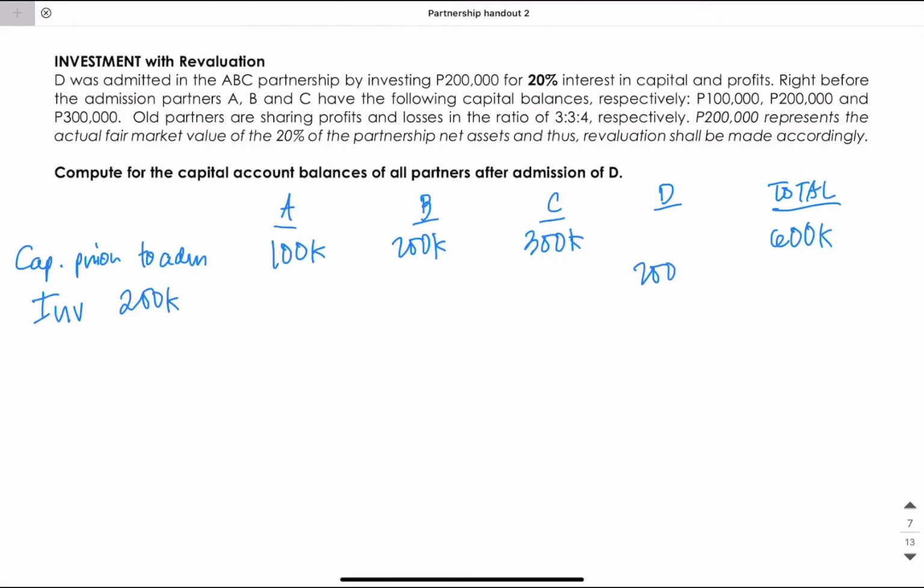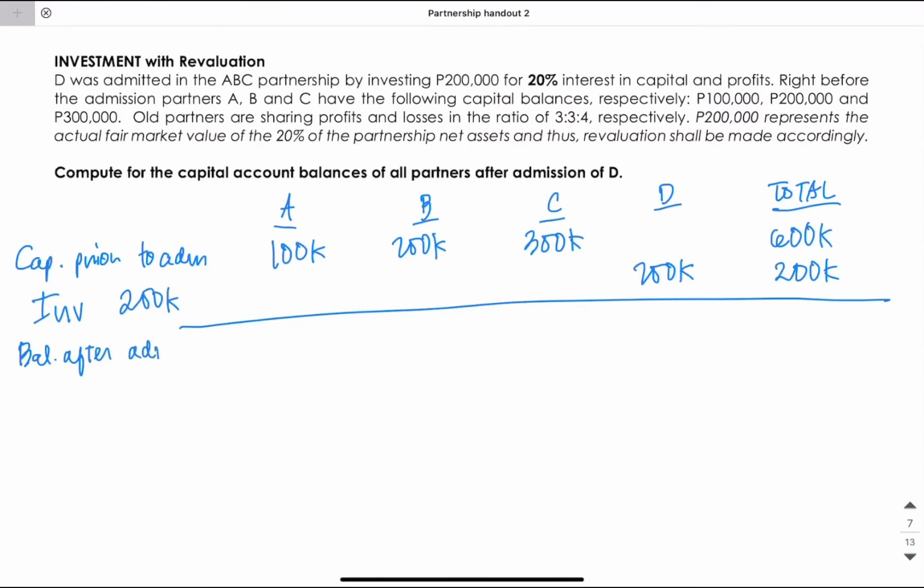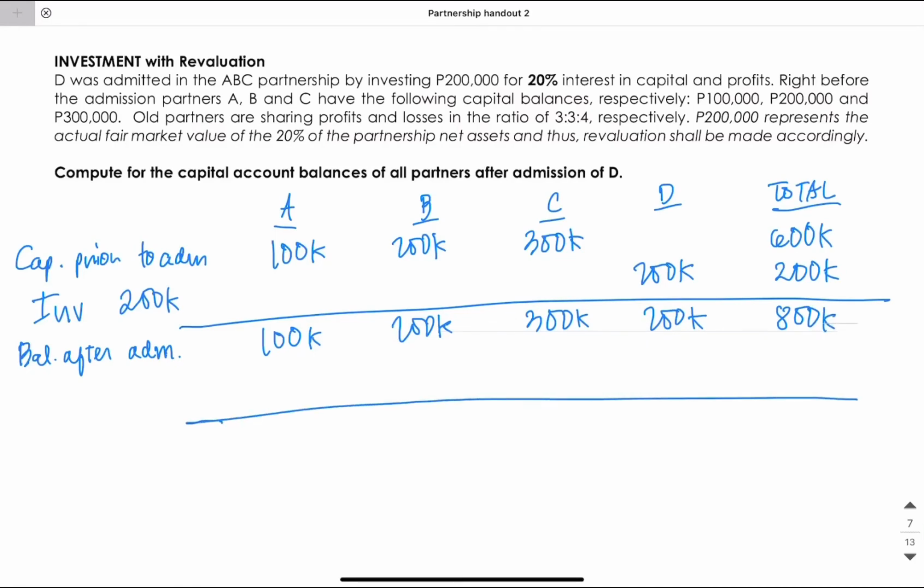So this will affect of course your total partnership capital. So the balances after admission amounted to 100,000, 200,000, 300,000, and of course 200,000 for partner D. So total of 800,000.